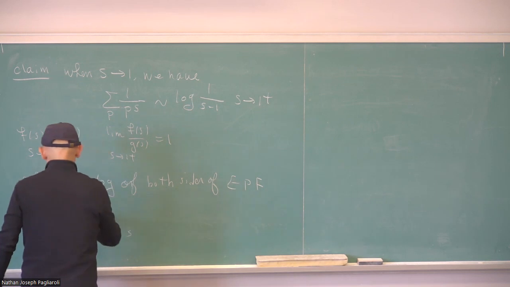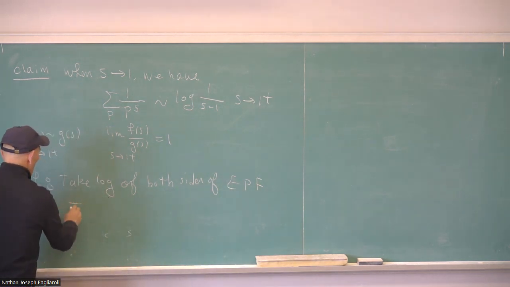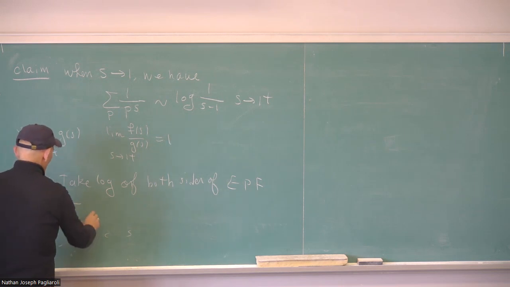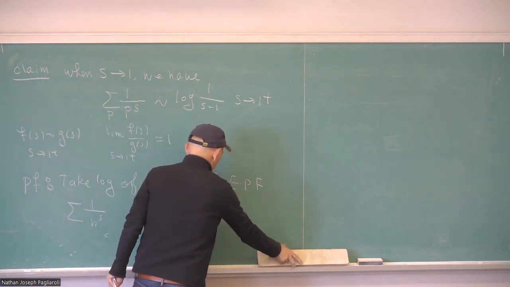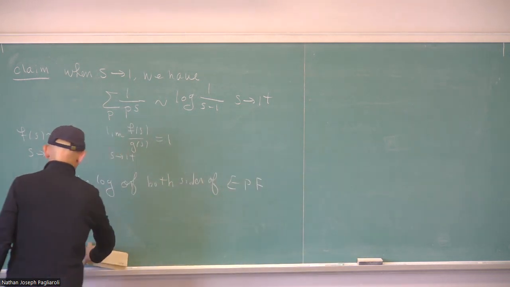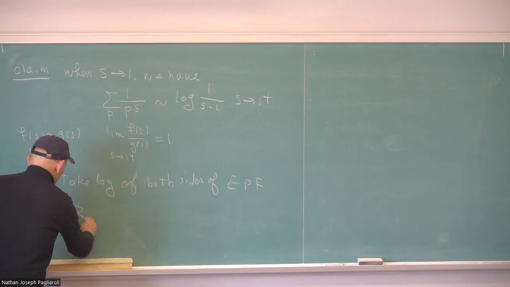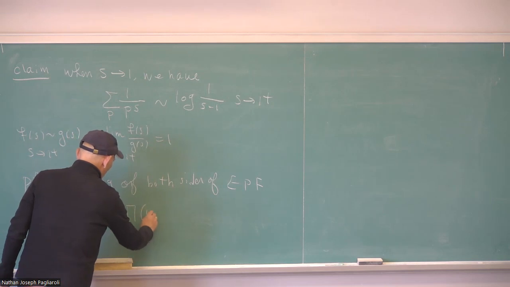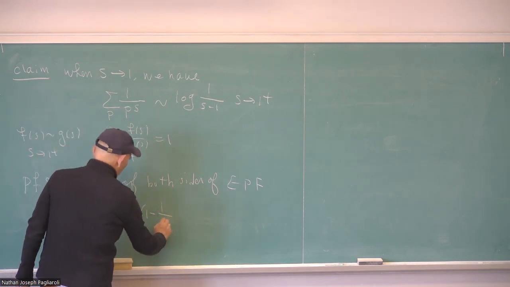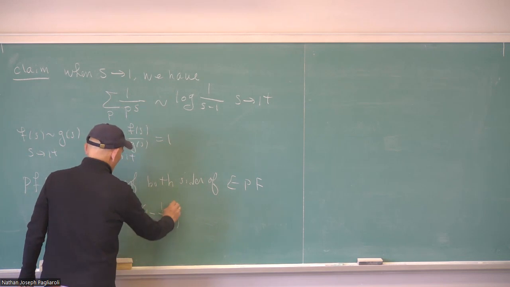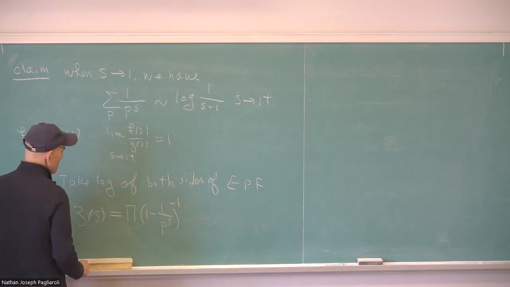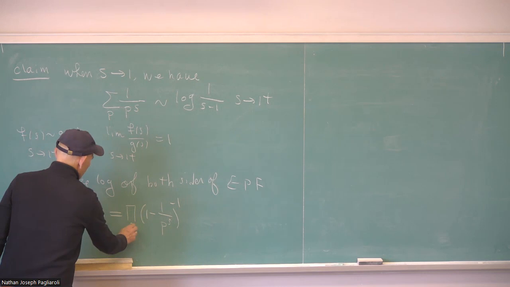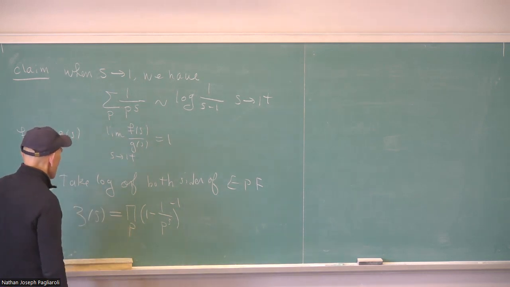In other words, you have this sum of 1 over n^s, that is zeta of s, is equal to the product over primes of 1 over 1 minus 1 over p^s.